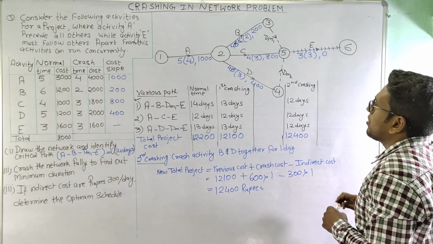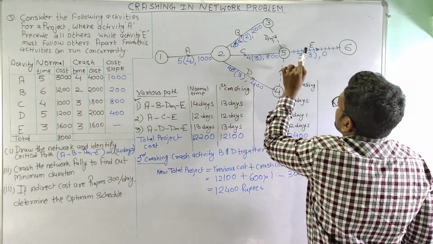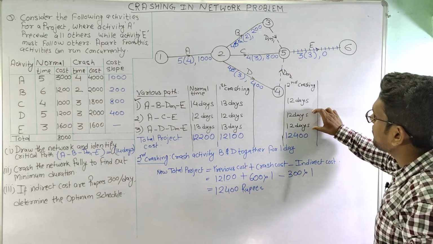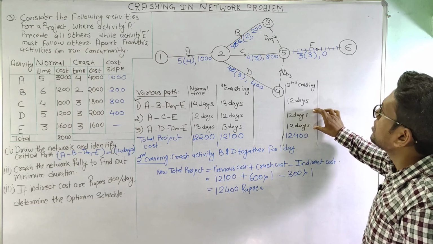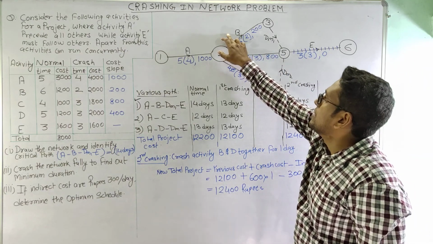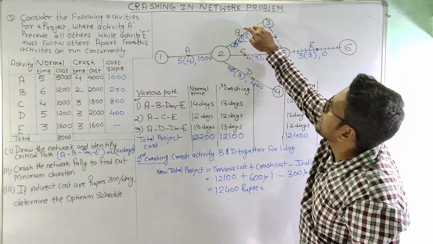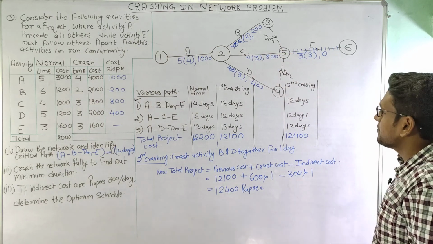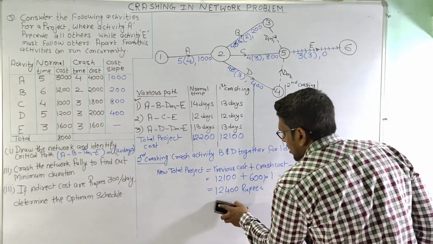Because if we crash activity B only, then this path will have 12 days, this path will have 12 days. So it will not affect the overall project duration. So if we crash activity B, we need to crash C and D also. If we crash activity C, we need to crash B and D also, and same is the case with activity D.